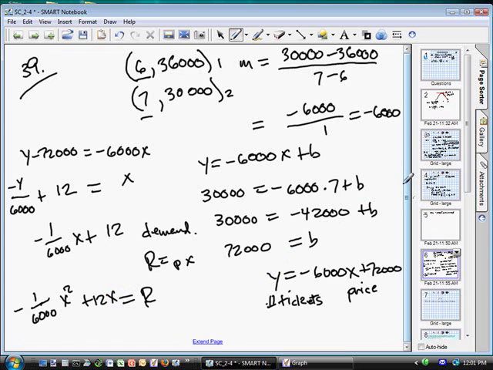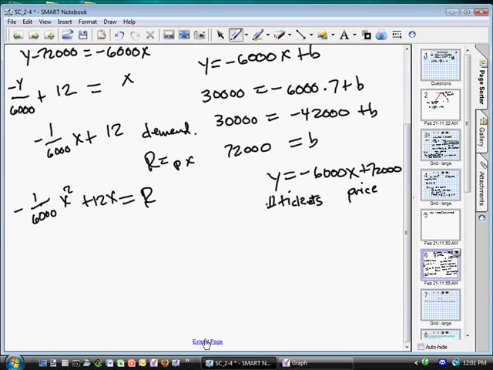Okay, getting there. Sorry, this is sloppy. Now we got to do what? We got to get the profit, so what's the cost? What did the problem say? Fixed costs are 85,000. Variable costs are 20 cents a ticket.